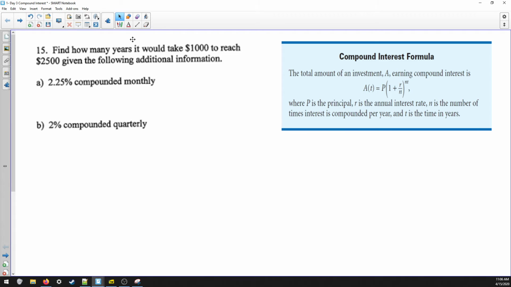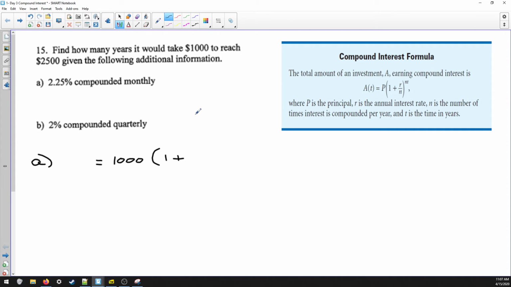If I plug in all the information, and we'll do this first one, okay, letter A. Okay, so let's see if I can write nicely. It's been a little while, okay? So I know that if I were looking at my equation, on the right-hand side of the equal sign, the $1,000 is P, so I'm going to write that down first. Okay? And then in the parentheses, it's always 1 plus. Okay. Our R value is the annual interest rate, which is 2.25%.